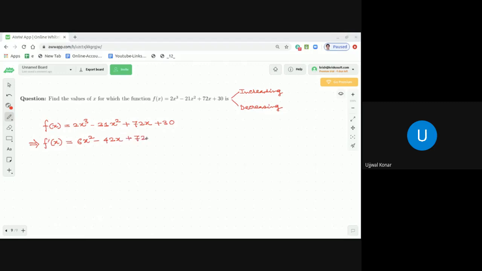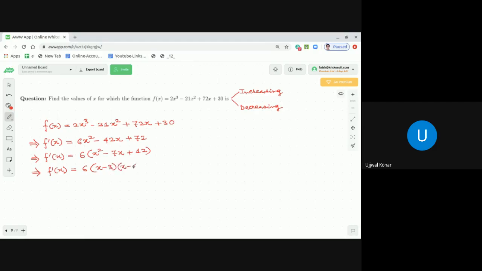That implies f'(x) is equal to 6 times (x squared minus 7x plus 12), taking 6 common. And this polynomial expression, x squared minus 7x plus 12, can be factorized further as (x minus 3)(x minus 4).